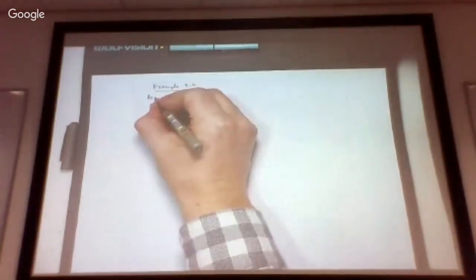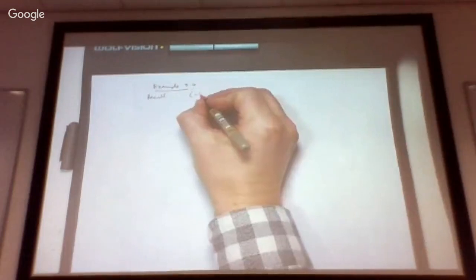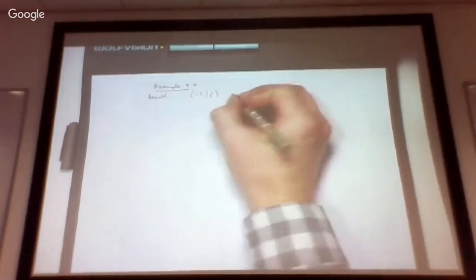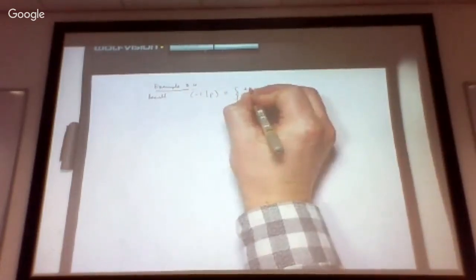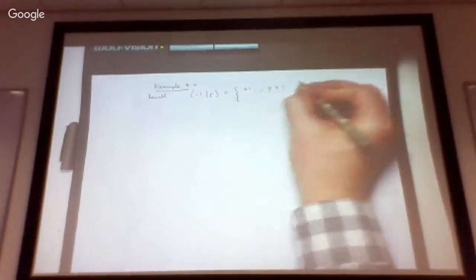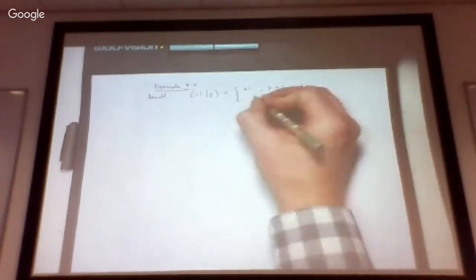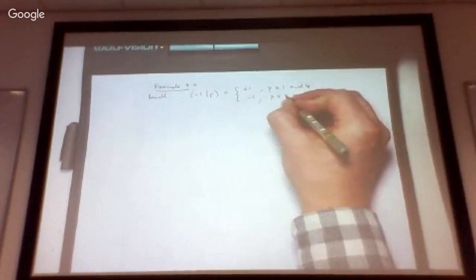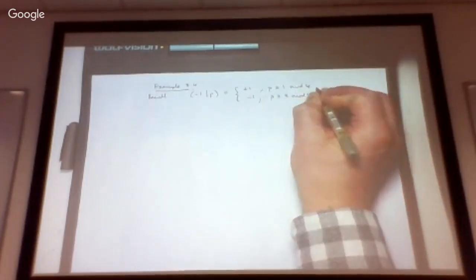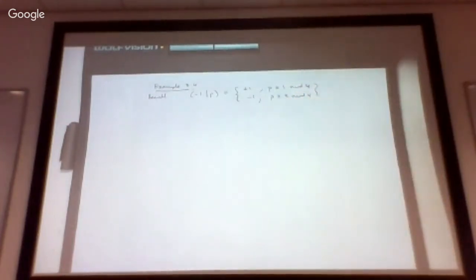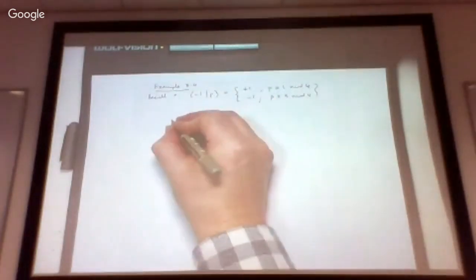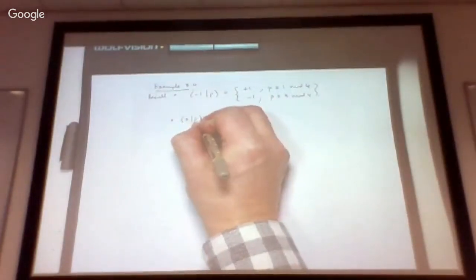So example 8.4. Recall, we've already determined the status of -1 modulo p. It's +1 for p congruent to 1 mod 4, and -1 for p congruent to 3 mod 4. We've also determined the status of 2 modulo p.